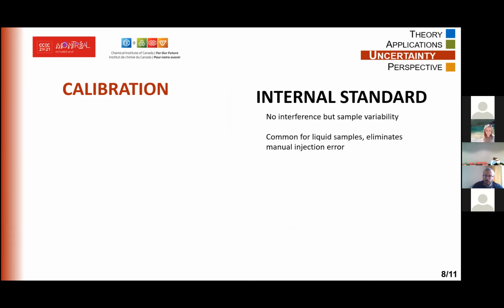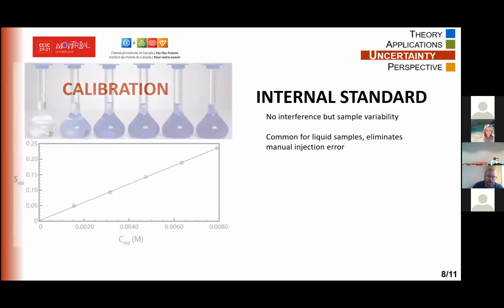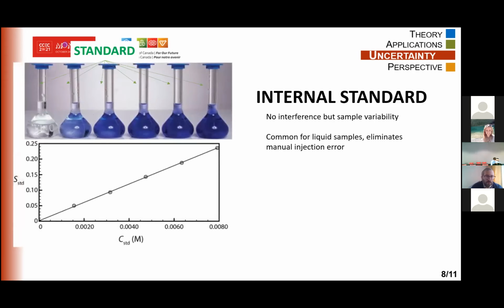The method consists of adding to all your standard solutions a constant amount of internal standard, which is a different molecule from the analyte, but has a similar chemical structure and an independent retention time.